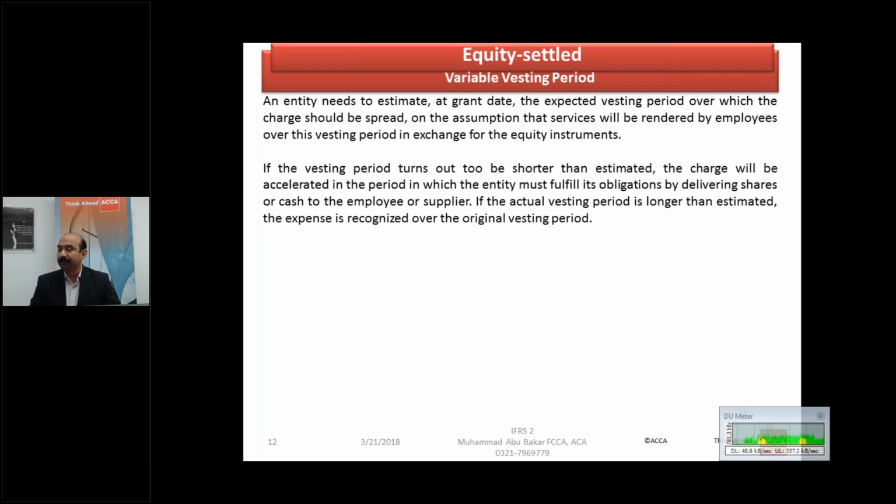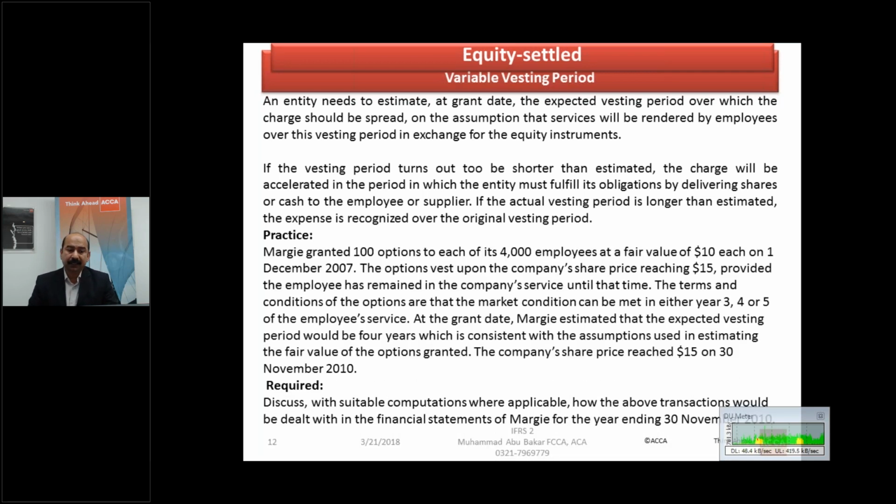We can use this example to make you understand this concept. Margie granted 100 options to each of its 4,000 employees at a fair value of $10 each on 1st December 2007. The options vest upon the company's share price reaching $15. This is the vesting condition.